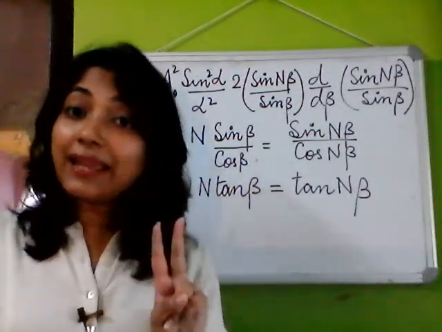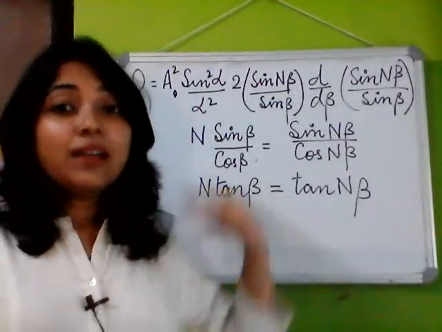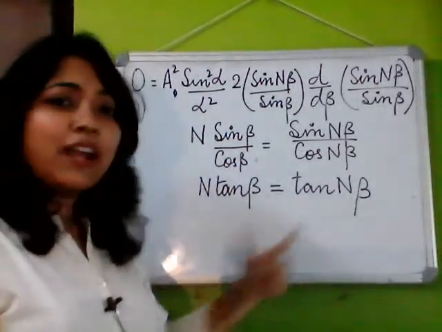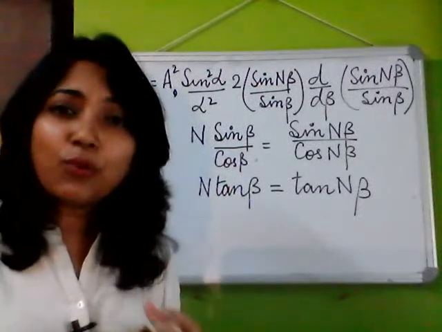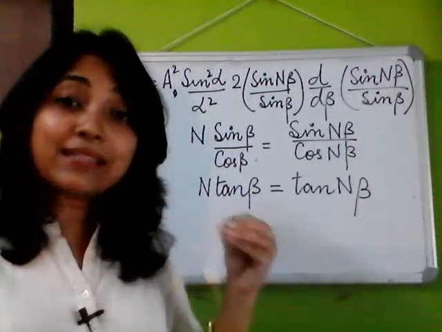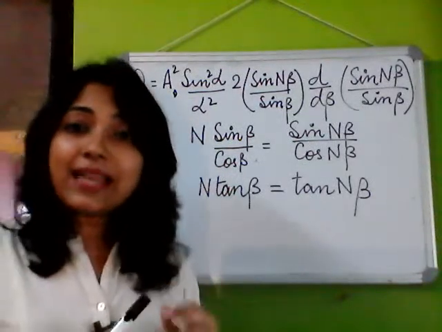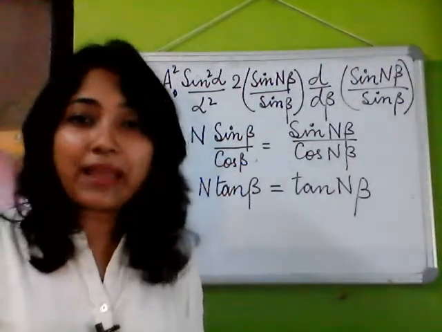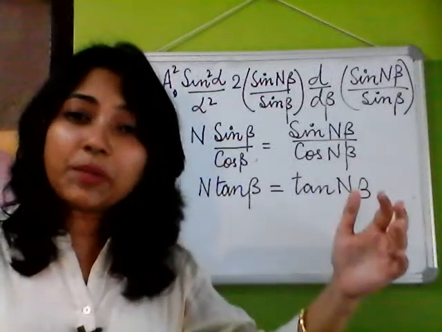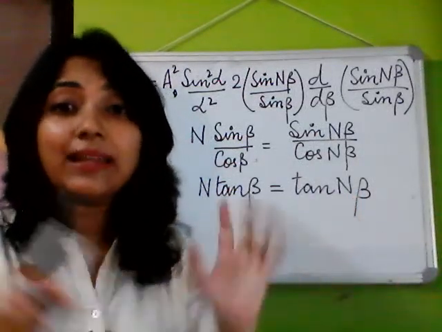However, the second reason why we are not so much interested to know the exact values of beta is that the intensity of the secondary maximas when compared to the principal maximas is very, very less.